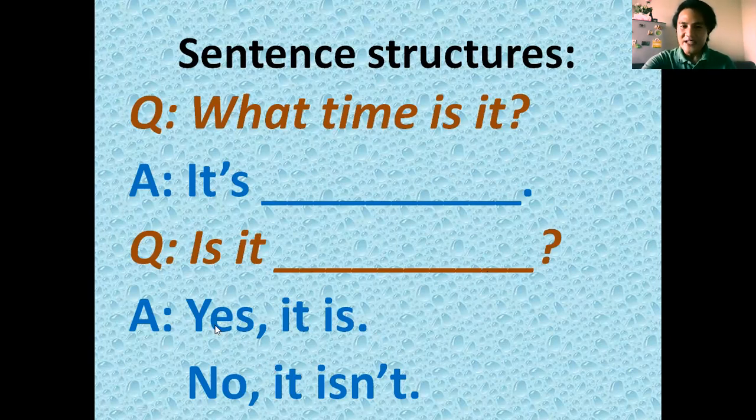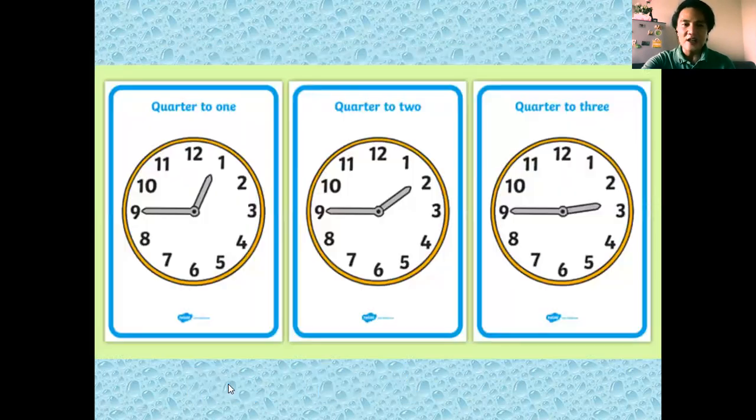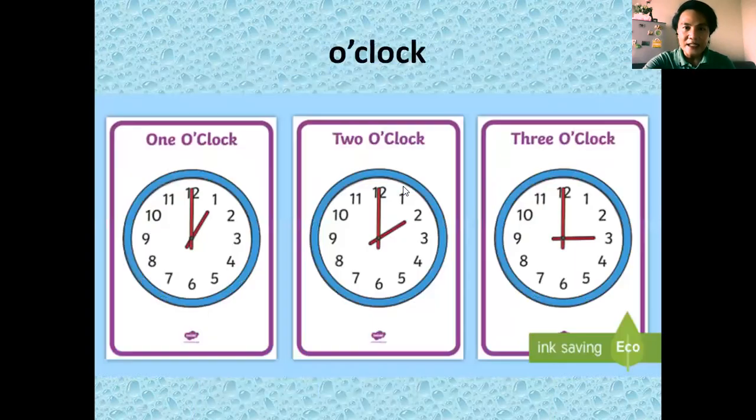For example, in this clock, if I ask you, is it 2 o'clock? If yes, yes, it is. Is it 1 o'clock? Yes, it is. Is it 3 o'clock? Yes, it is.